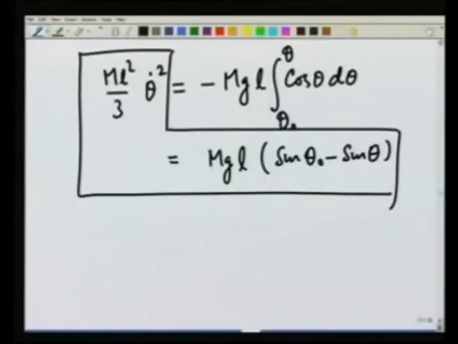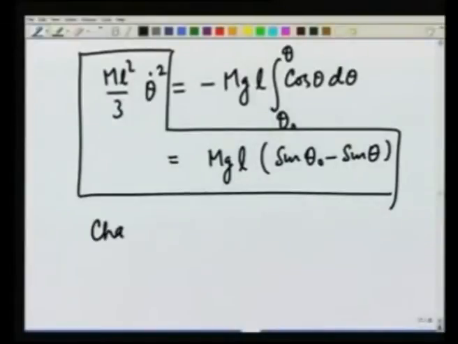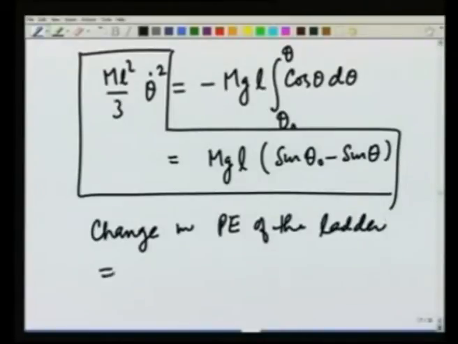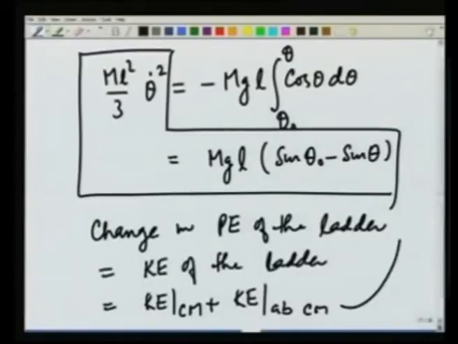A note here, this is really nothing but the energy conservation equation. I would leave it for you to find out that the change in PE of the ladder is equal to the KE of the ladder, which is equal to KE of CM plus KE about CM, would directly lead you to this equation, but I wanted to derive this equation using equations of motion.